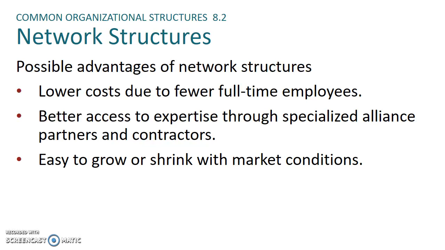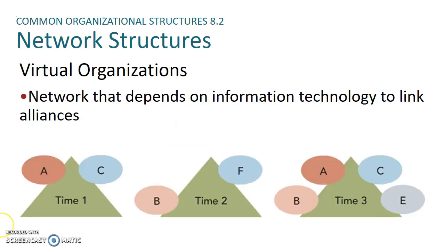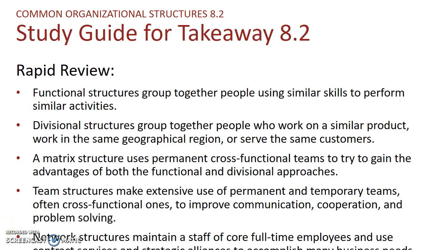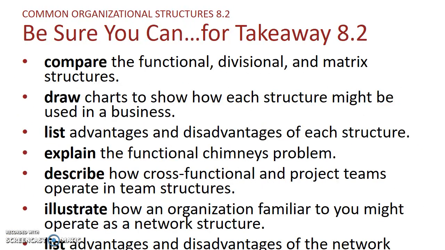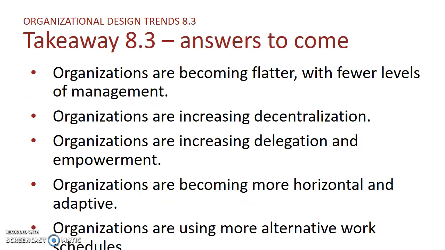The next big takeaway in Chapter 8 starts on page 149, and it talks about the trends in organizational design. And again, this starts on page 149. I just want you to be able to talk about three trends that are mentioned in the course and in Chapter 8 of the textbook.